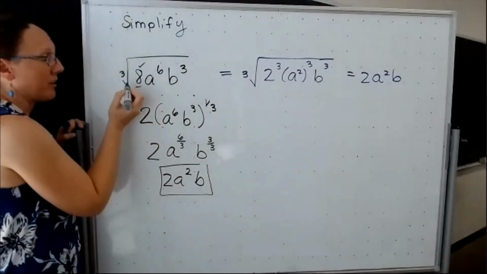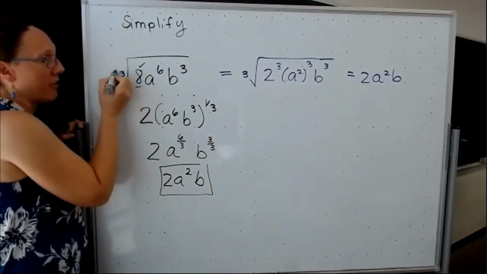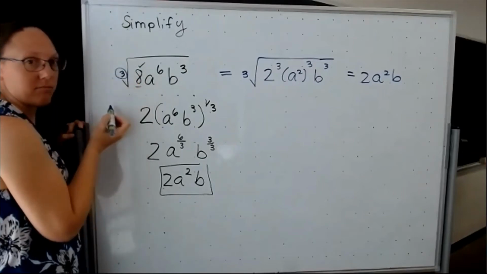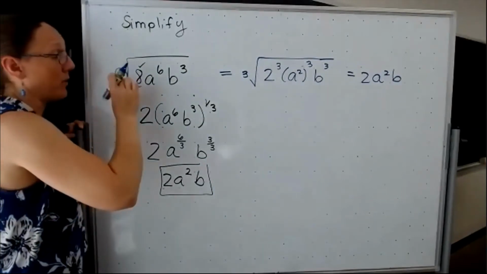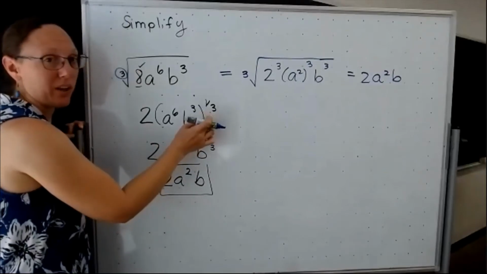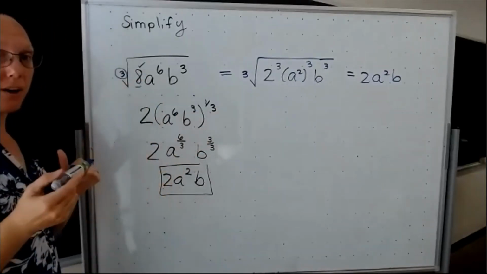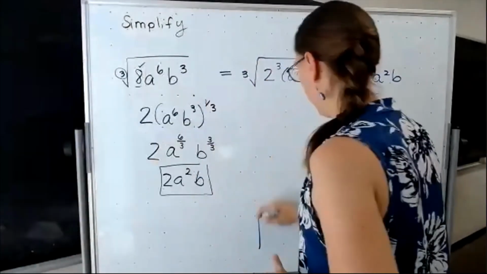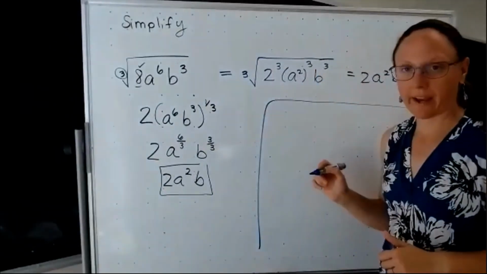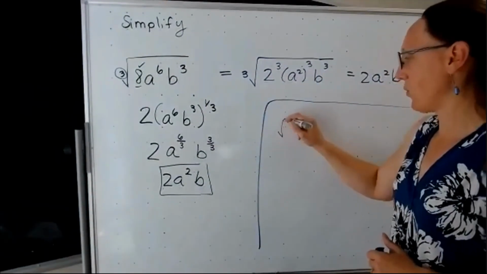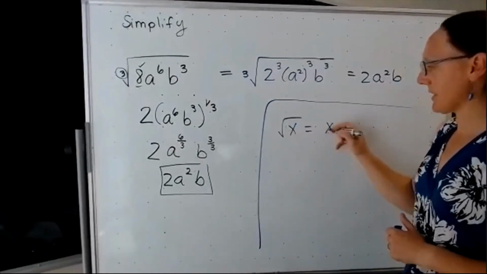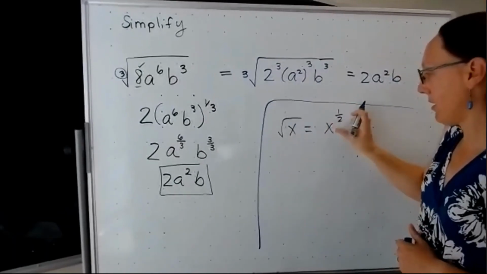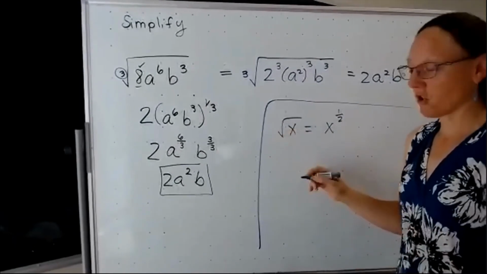So whatever our root is, when we write it as a fraction exponent, that number is going to go on the bottom. So kind of like super quick. If I write the square root of x, that's the same as x to the 1/2 power, because the invisible number is a 2.